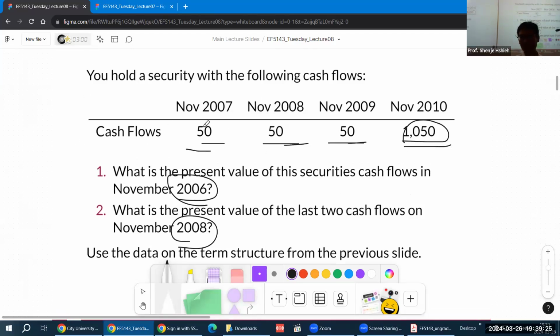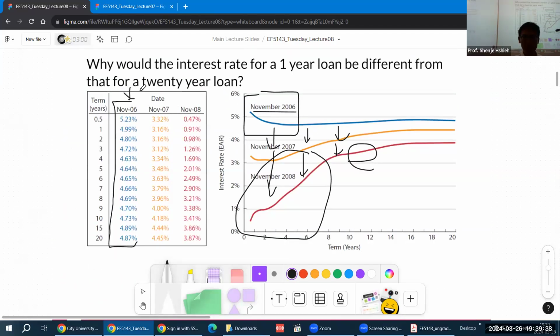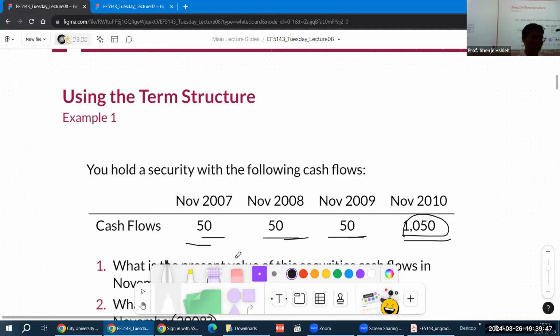This is obviously a bond that pays $50 every year and a final principal payment of 1,000, plus the last coupon payment. So using this term structure for 1 year, 2 years, 3 years, and 4 years, we can price this cash flow and get a fair value of that cash flow today.